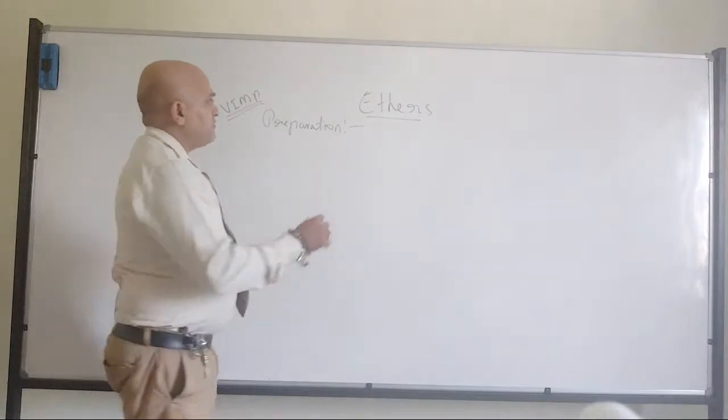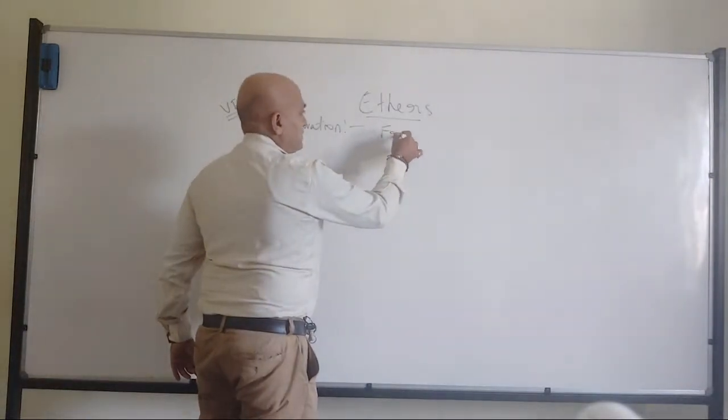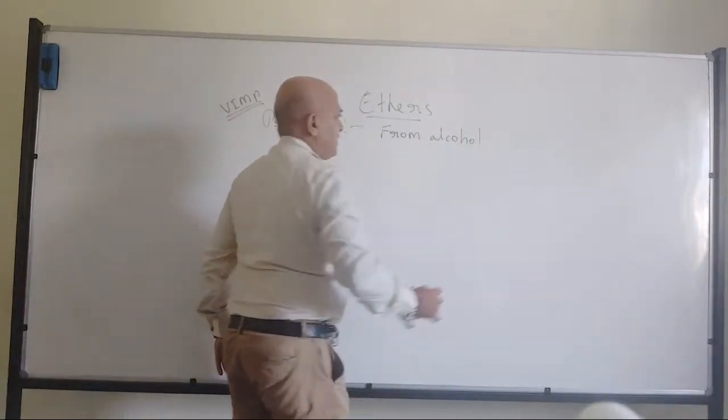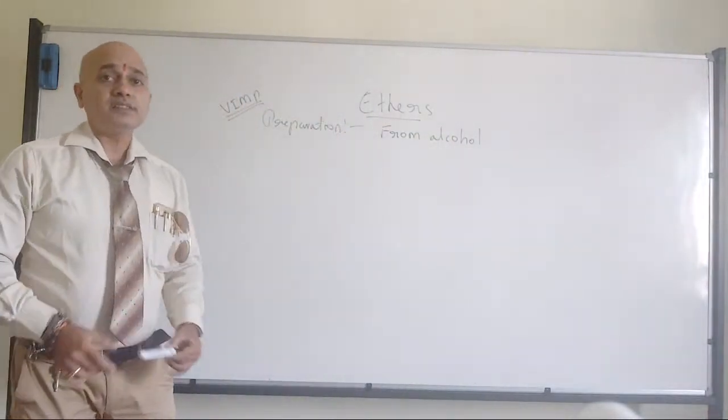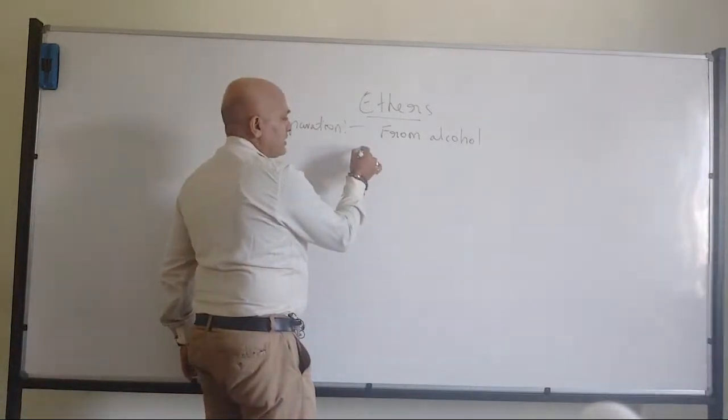First thing, whenever we are talking about preparation, so preparation of ethers from alcohol. Whatever we have discussed is preparation of ethers from alcohol. First we have to write the overall reaction.